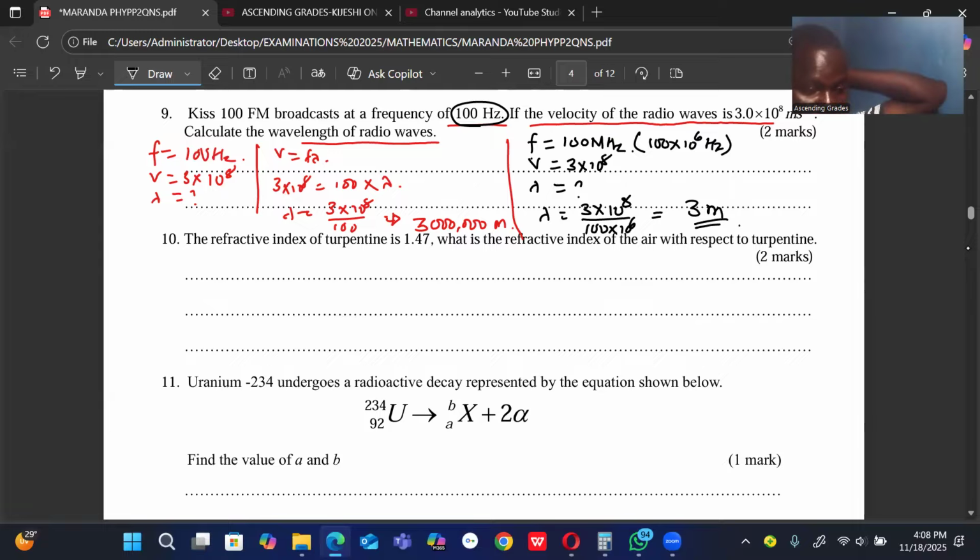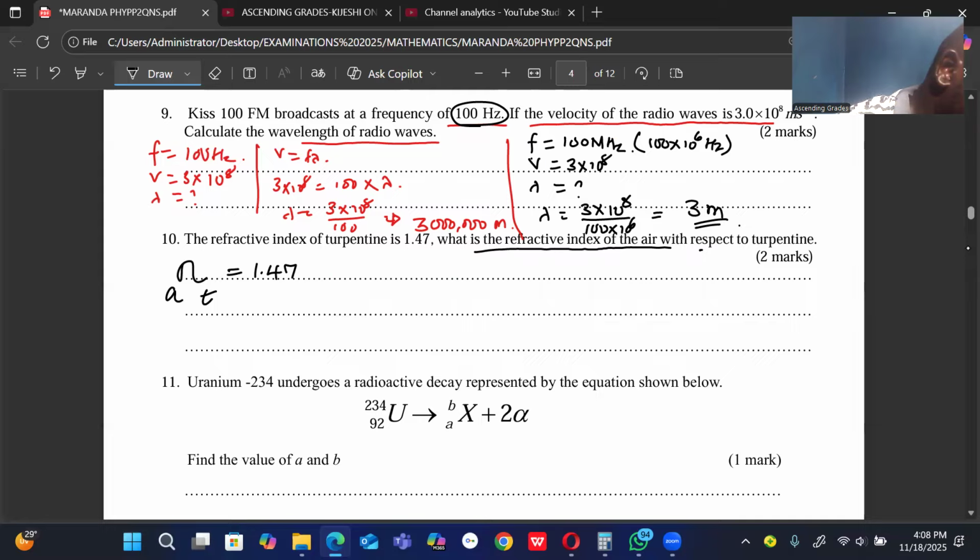We have question 10. The refractive index of turpentine is 1.47. What is the refractive index of air with respect to turpentine? So we first say the refractive index of turpentine with respect to air is 1.47.